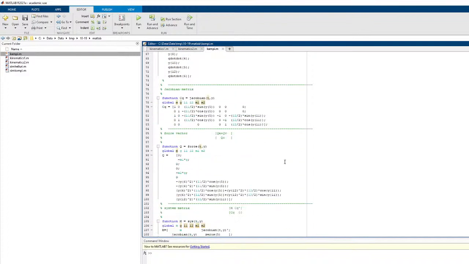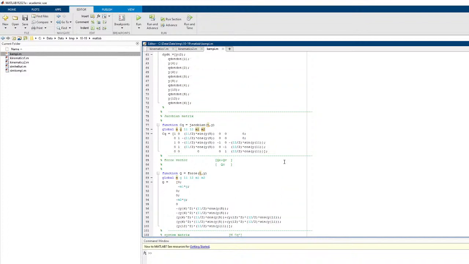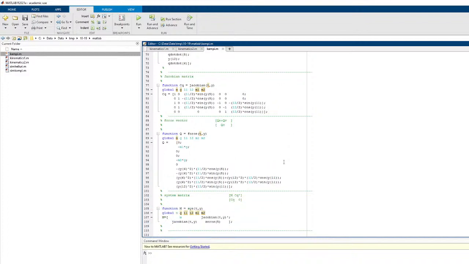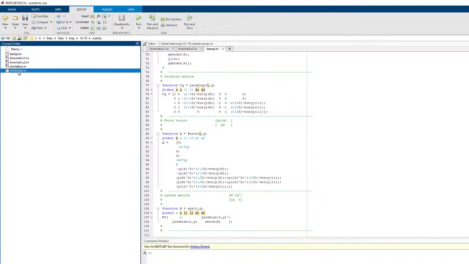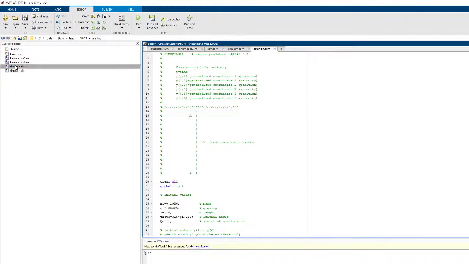Yeah, this is my Jacobian, everything that I described last time. I just converted that to the language of MATLAB, and that's what I'm going to run. So this is the simple mechanism.